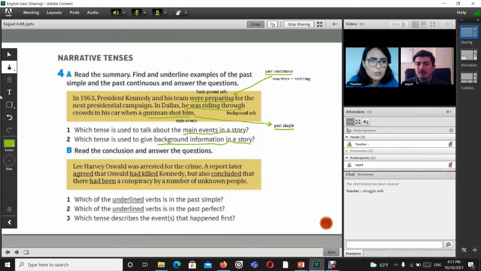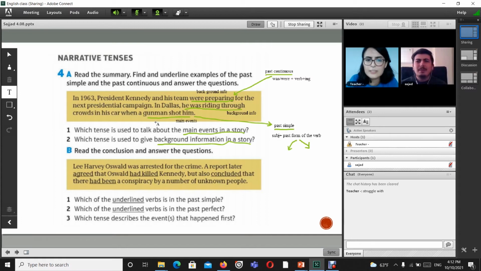Subject plus the second form of the verb. The past form of the verb actually has two forms. Am I right? What forms? Past.